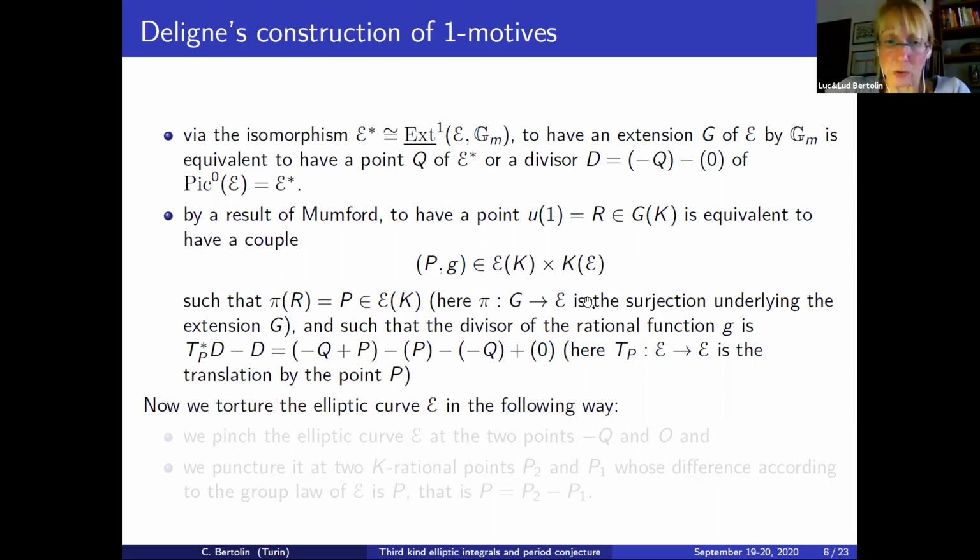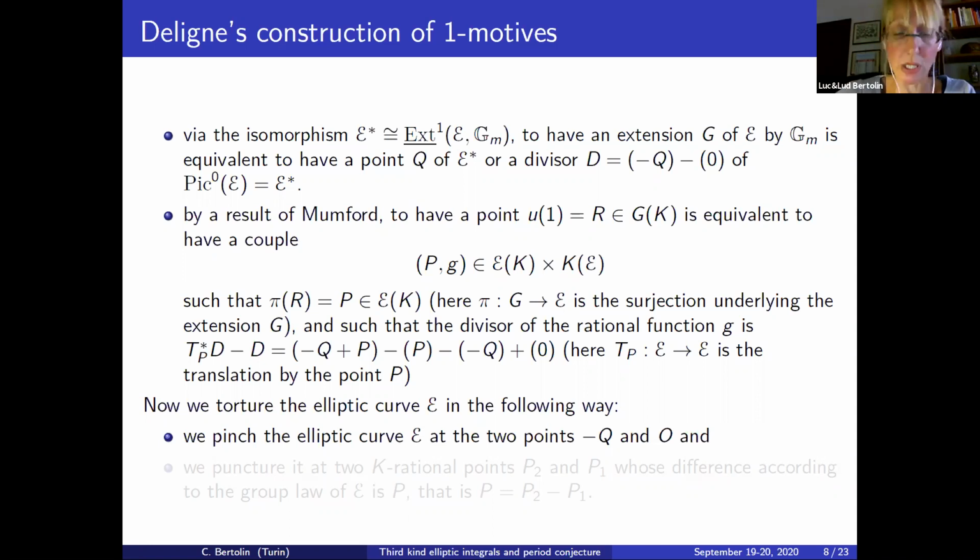In order, starting from the elliptic curve, to get really a 1-motive, we have in some sense to torture the elliptic curve in the following way. This was the original construction of Bertolin.